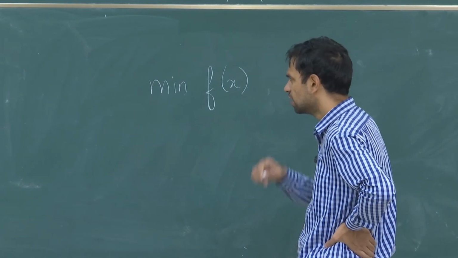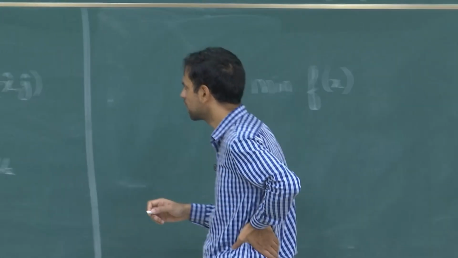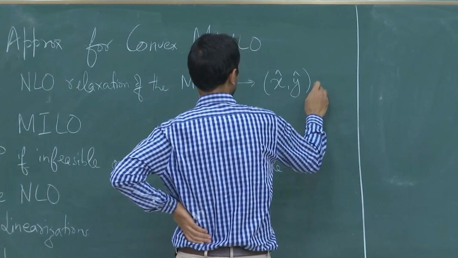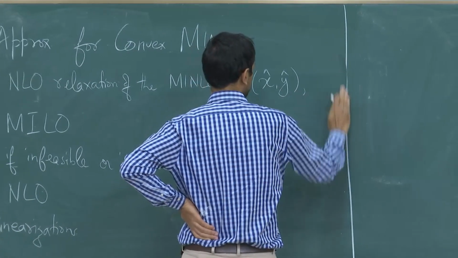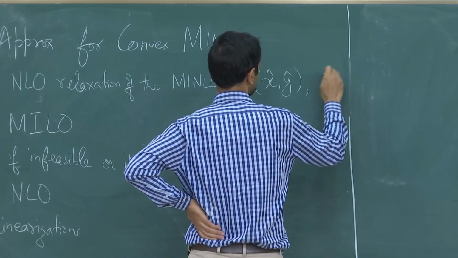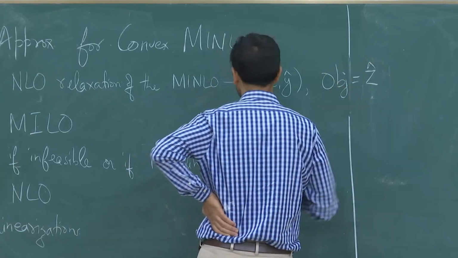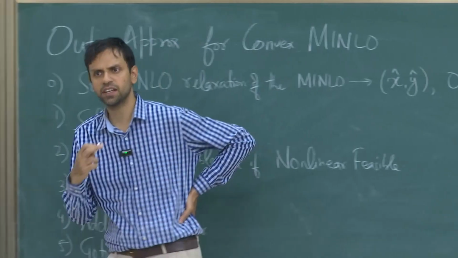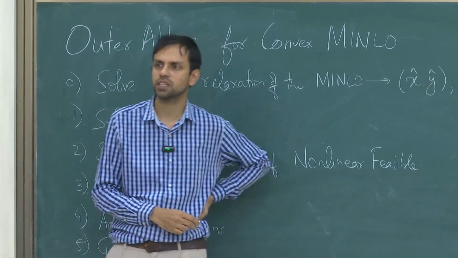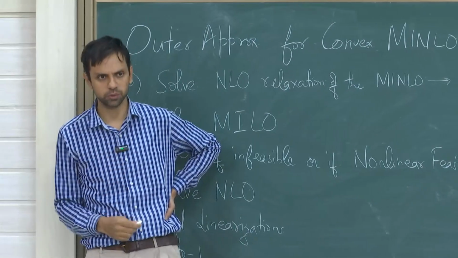Okay. Also the solution that you get here, suppose you get objective value of z hat. Okay, that is an underestimator for your MINLO optimal value.